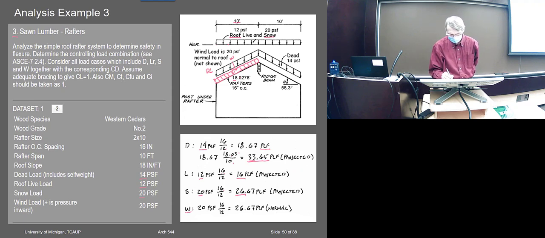Now, the wind load, here's my wind pressure. The wind pressure is on the actual surface of the roof, and the pressure is normal to that surface. So as far as calculating the moment, it's that actual length of the load. It's not coming down, it's coming normal to it already.